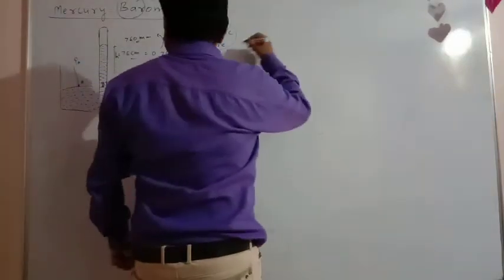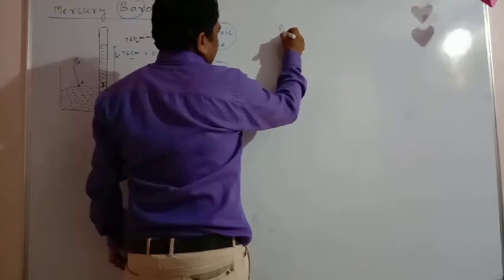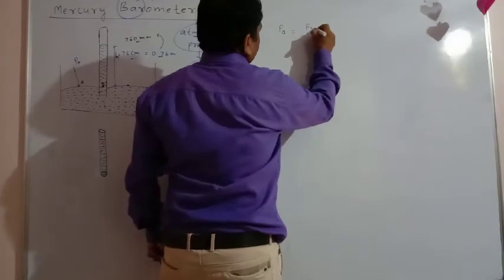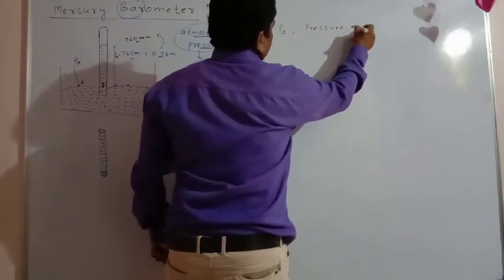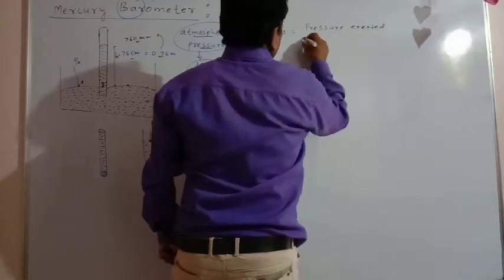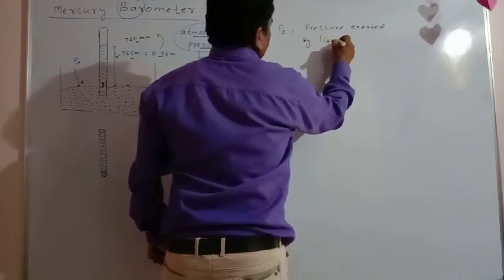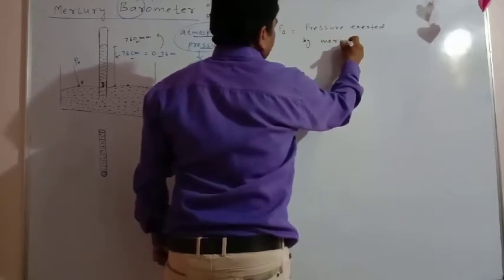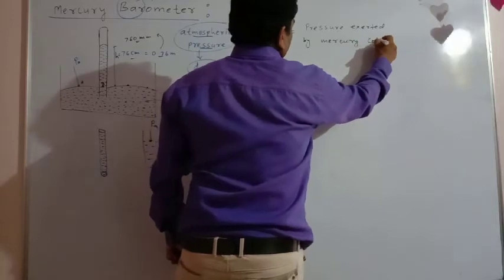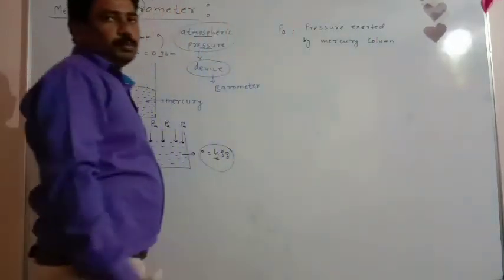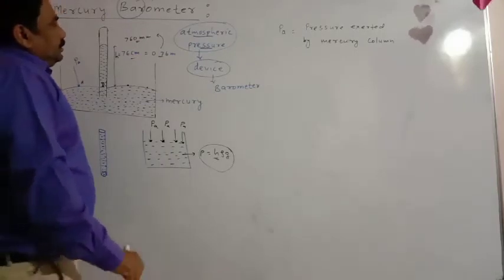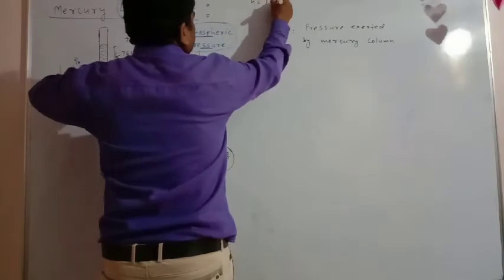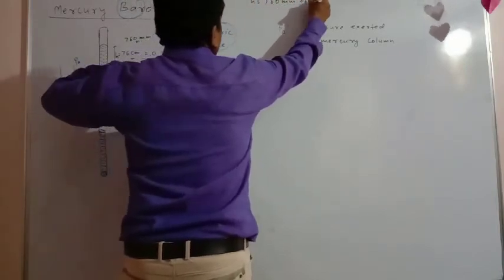So we can conclude that the pressure on A, that is atmospheric pressure, is equal to the pressure exerted by the liquid column, or mercury column, because as the liquid we are considering mercury. So this height is equal to 760 mm of mercury column.